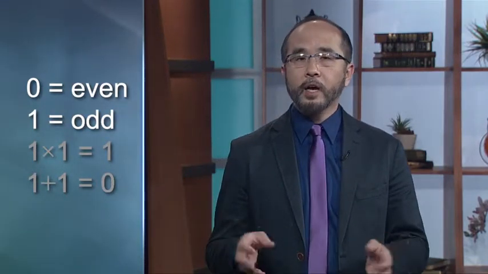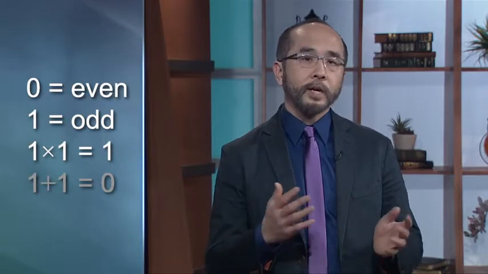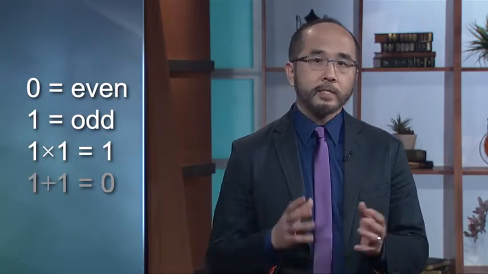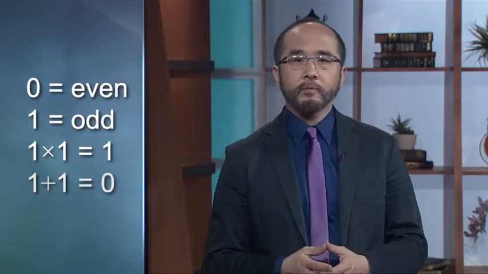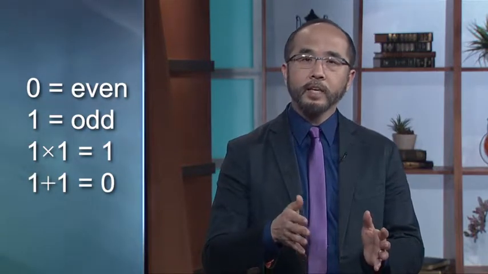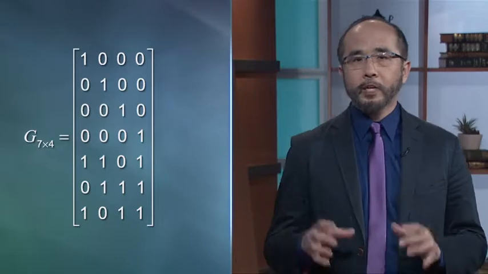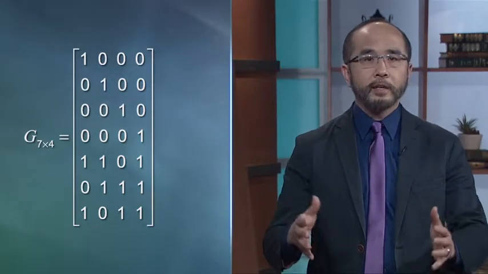Since odd times odd is odd, we'll have 1 times 1 equals 1. Since odd plus odd is even, we'll have 1 plus 1 equaling 0. Our matrices and our scalars will use elements from this binary field with just 2 symbols, 0 and 1, rather than using real numbers. Then the generator matrix G should look like this.